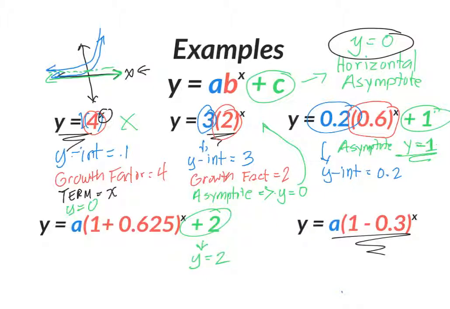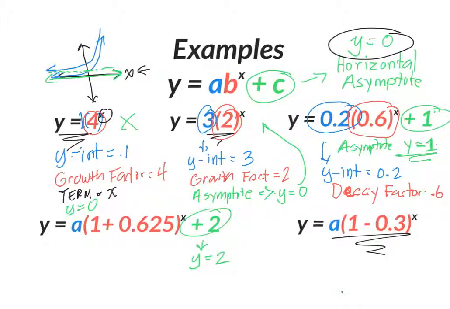That means this is going to be a decay factor. D-E-C-A-Y, decay. My decay factor is 0.6. Okay? If I was to write that as a fraction, it would probably be 2/3 or something like that, close to that.